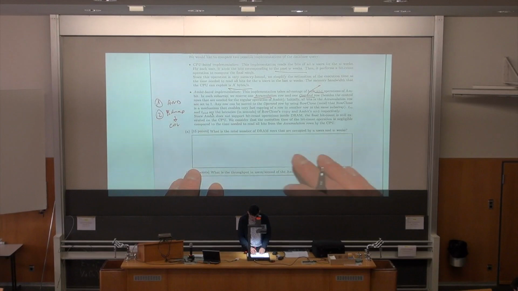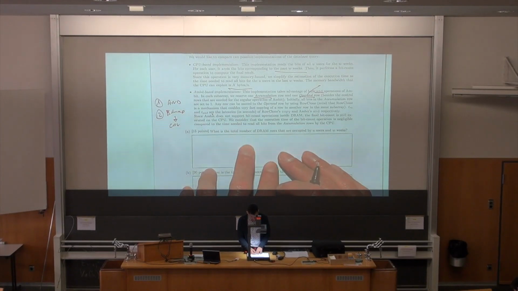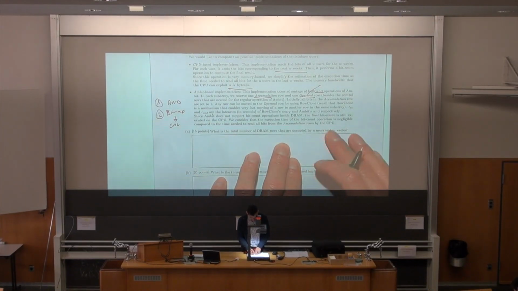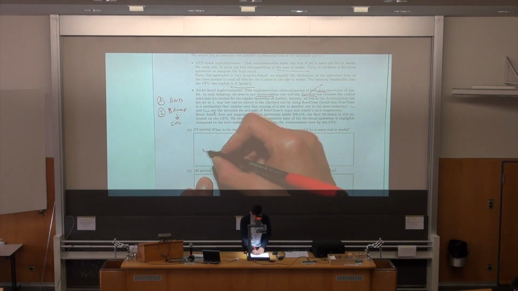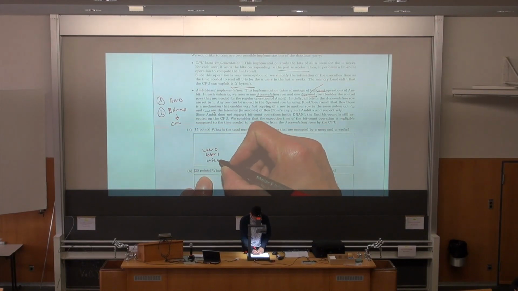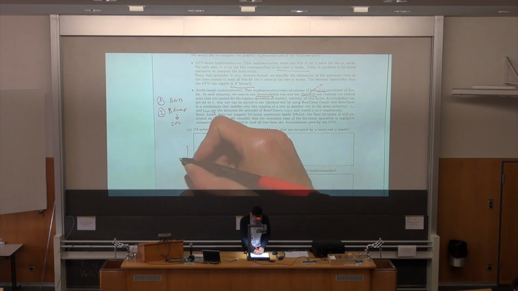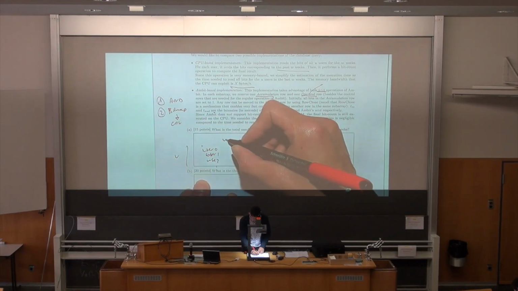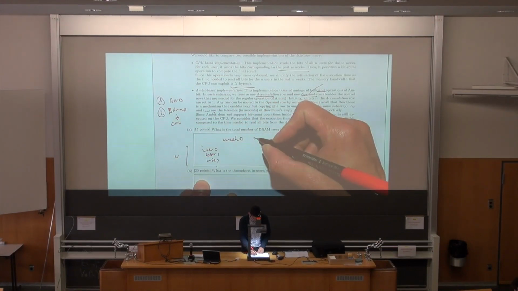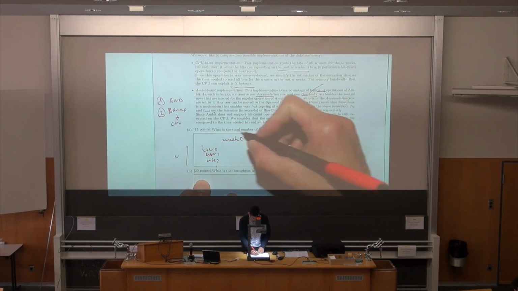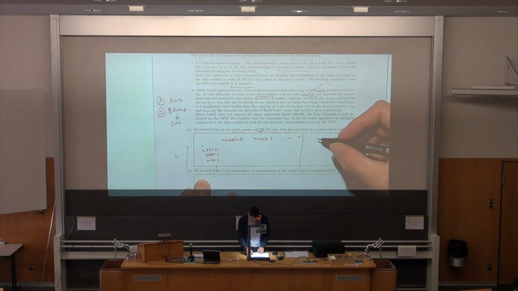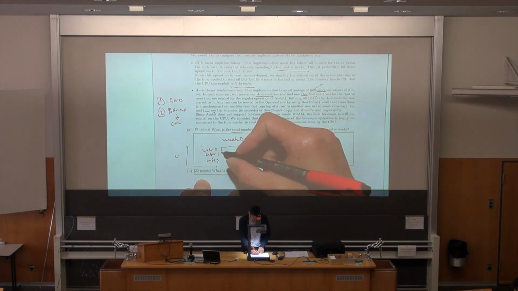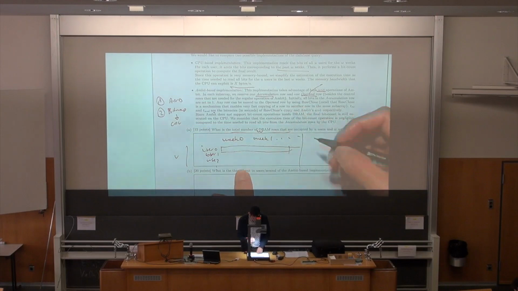The first question asks: what is the total number of DRAM rows that are occupied by U users and W weeks? Remember that you have this structure: user 0, user 1, user 2, and so forth, so you have U users here, and here we have week 0, week 1, up to W. These users are stored in DRAM rows.